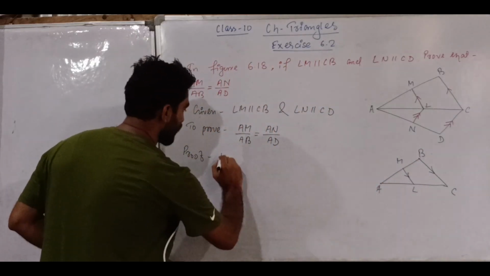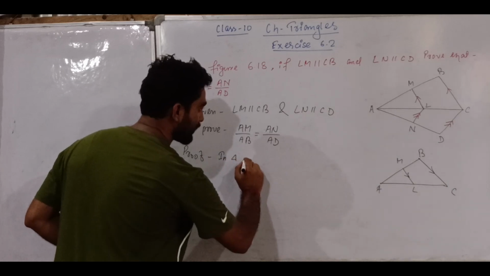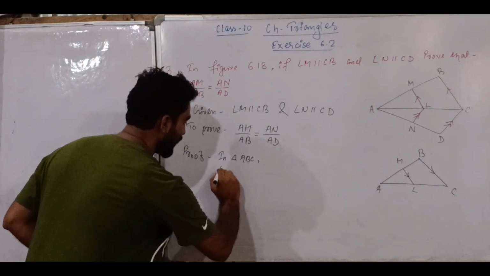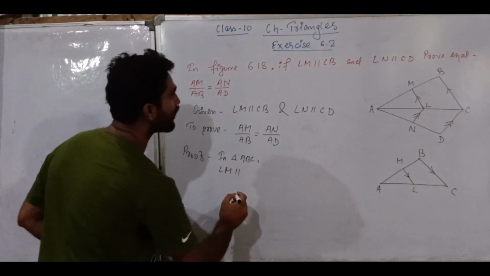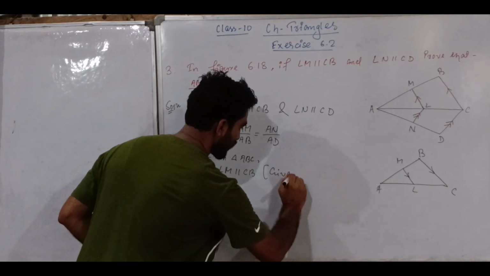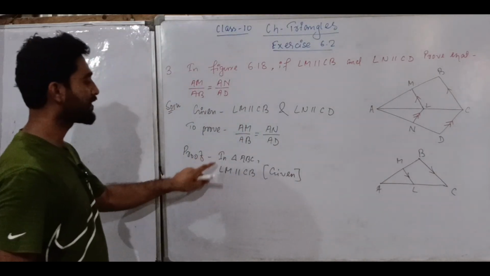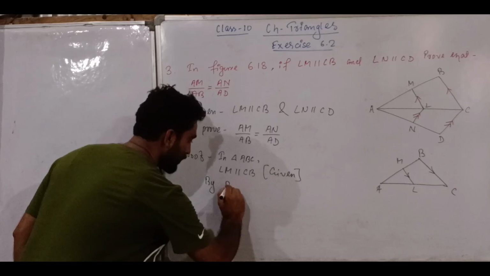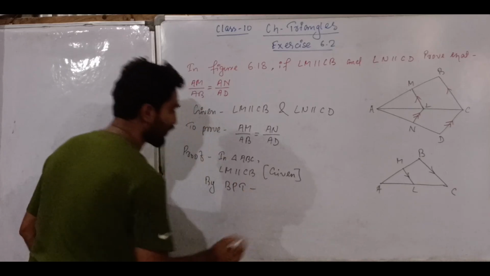See, in triangle ABC, what is given? LM is parallel to CB. This information is given in the question. So one triangle is there and parallel lines are there. So what can we apply? We can apply the basic proportionality theorem.